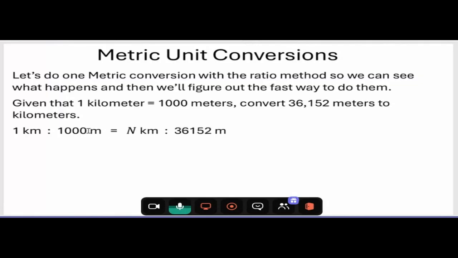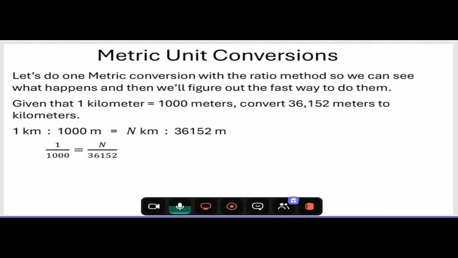Our meters is on the right, 36,152. The kilometers is on the left, so our unknown kilometers we're trying to find is on the left. Turn those into fractions. Do the cross product that doesn't have a variable and divide by the other one. So n is equal to 1 multiplied, divided by 1,000.